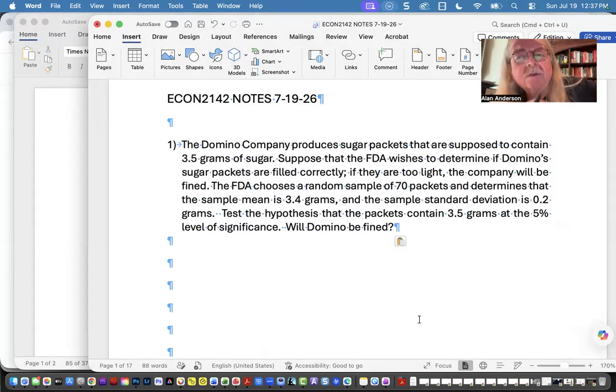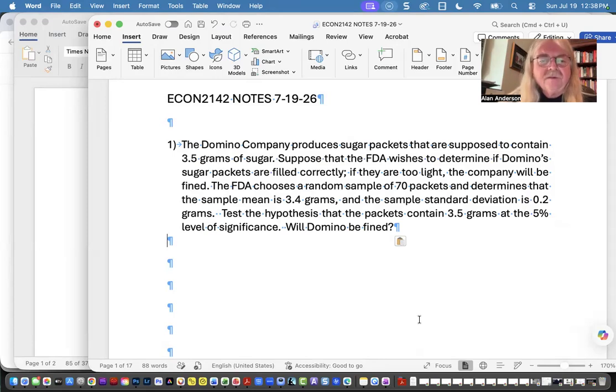But they don't want to do this unless there's hard proof that the packets are really underfilled, because every packet is slightly different. So they don't want to jump to conclusions, but if they find hard evidence that the packets are too light, then they're going to have to fine the company and force them to fill them up more. So, how do we start this out?